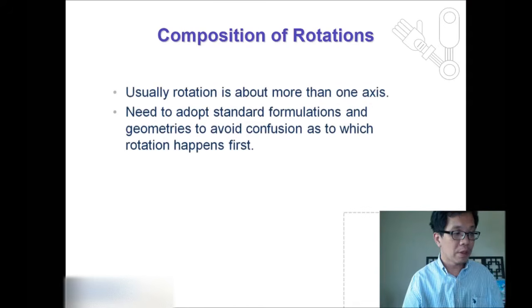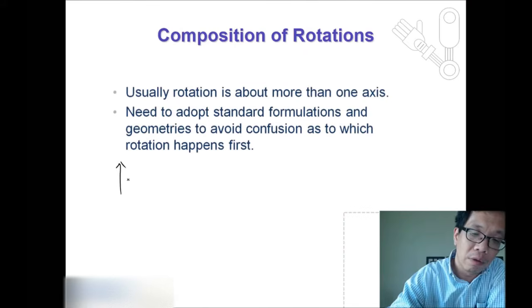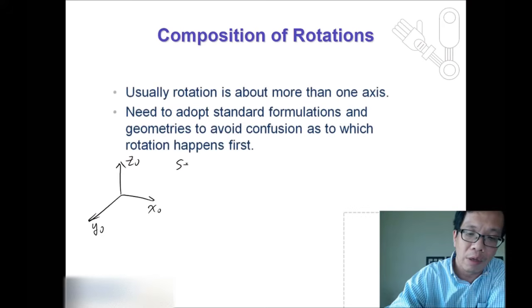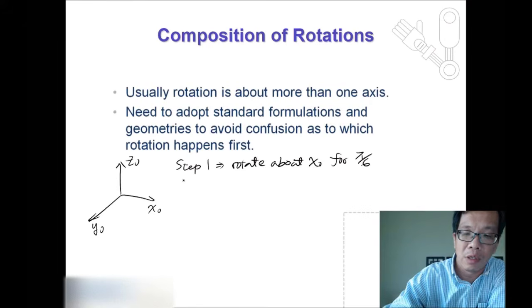So composition of rotations. When we are dealing with many rotations, you might say that I want to do something like x0, y0, and z0. Step 1, rotate about x0 for pi over 6.